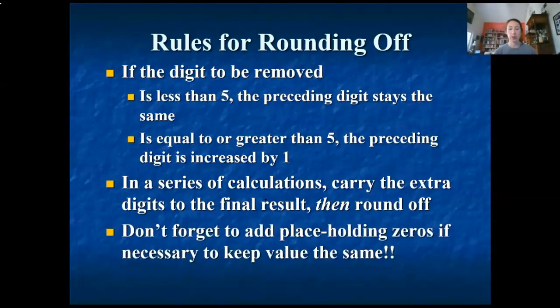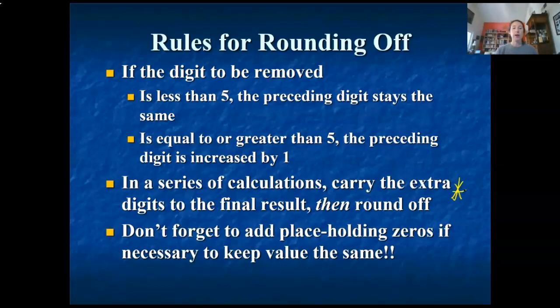Don't forget to add placeholding zeros if necessary. In chemistry, sometimes we're going to be doing 3, 4, 5 different calculations in one problem. If we round in between every single calculation, by the time we get to the end, our answer is going to be so far off from what it should be. So we don't round until the very end.